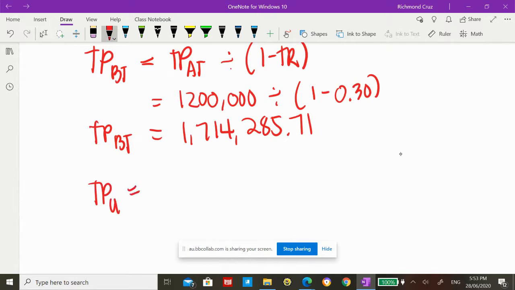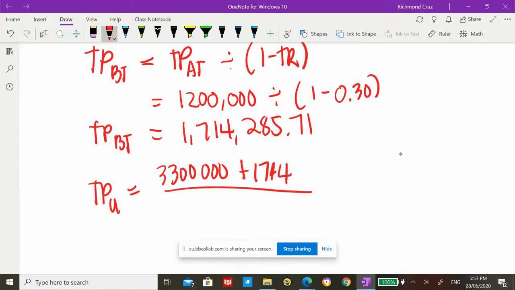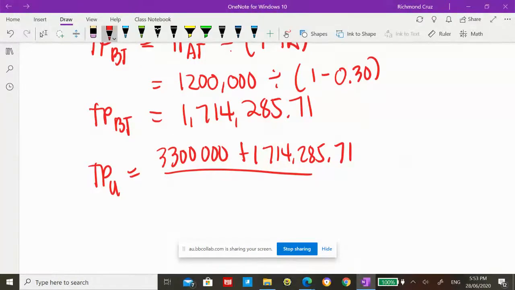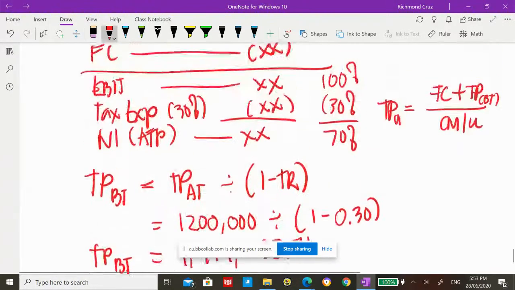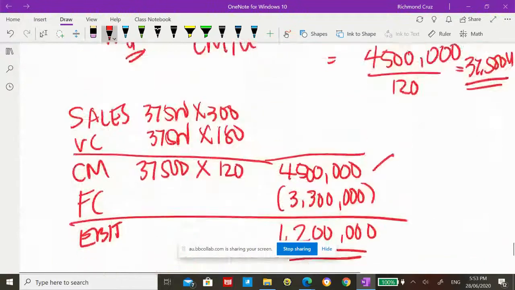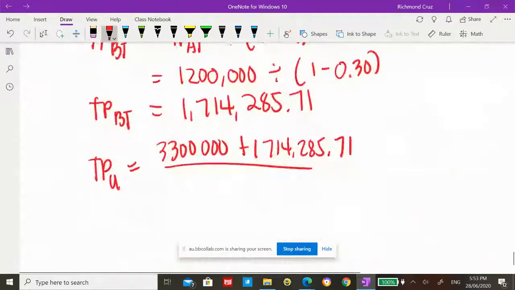To compute the target units, I take my fixed cost of 3,300,000 and add 1,714,285.71. I divide it by my contribution margin per unit, which is 120. So, 3,300,000 plus 1,714,285.71 is 5,014,285.71.